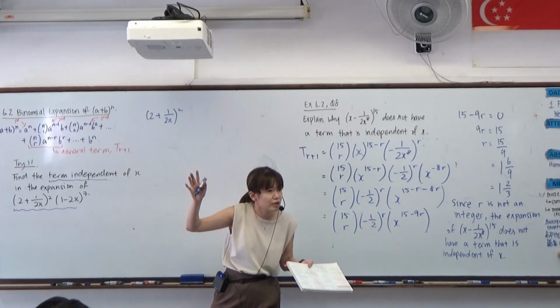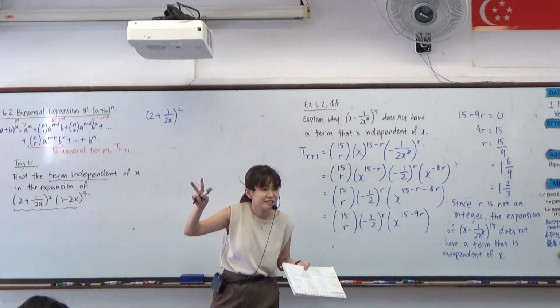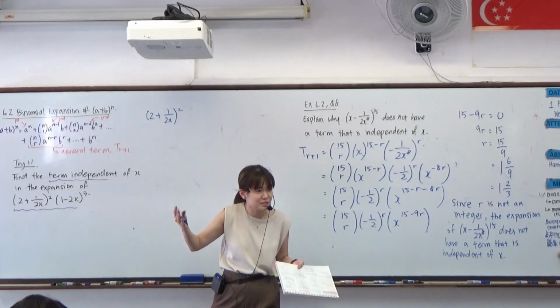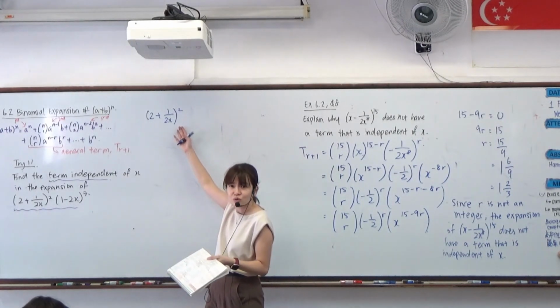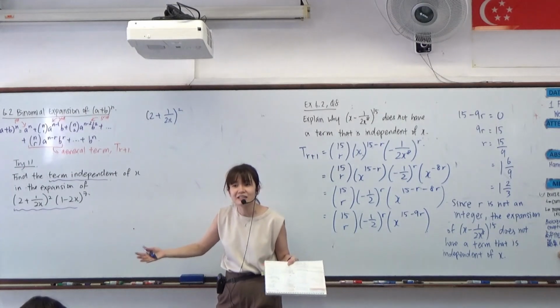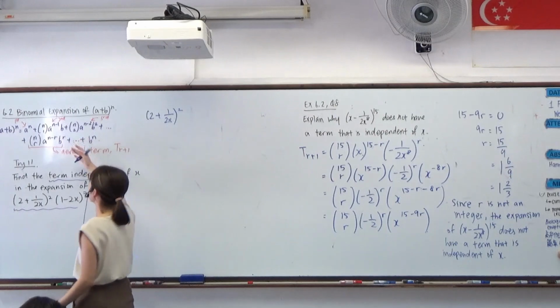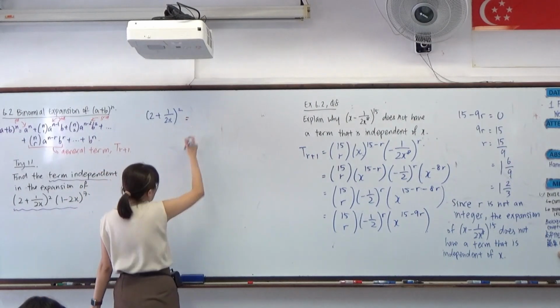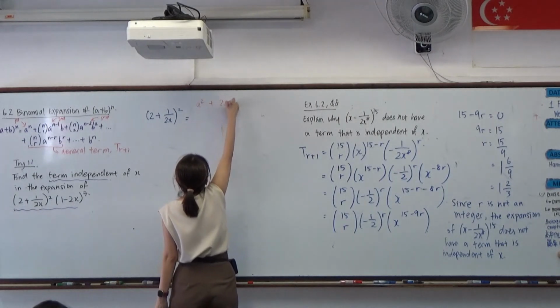Kai, how will you expand it then? Sec 2, the a square plus 2ab plus b square, is it? Yes. This one is power 2, a very simple expansion. Don't be so fixated on the binomial expansion; this one can give you a bit of a headache. Just do a square plus 2ab plus b square.